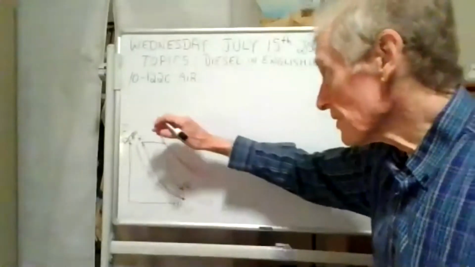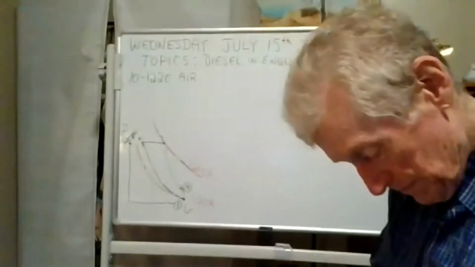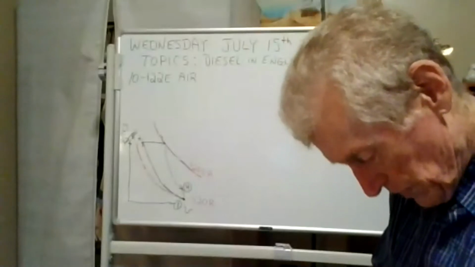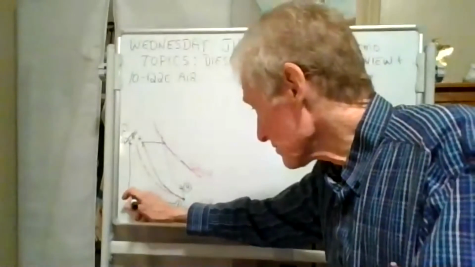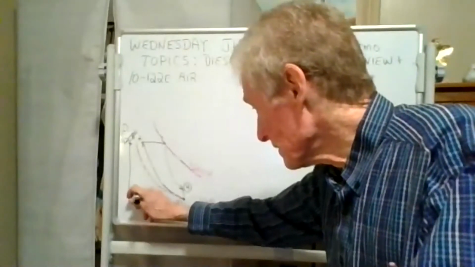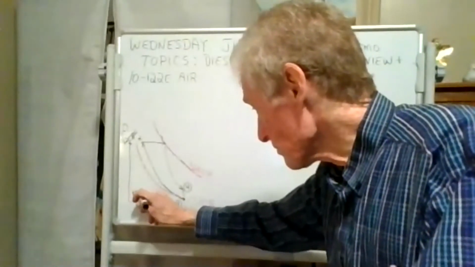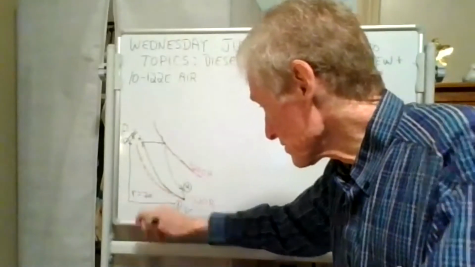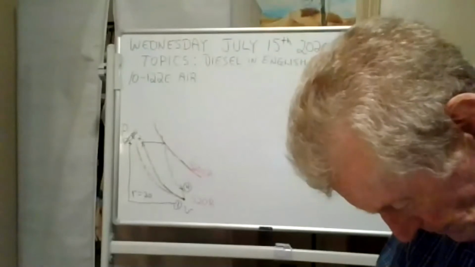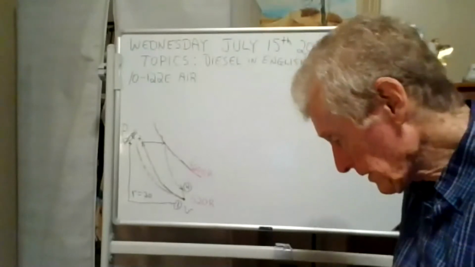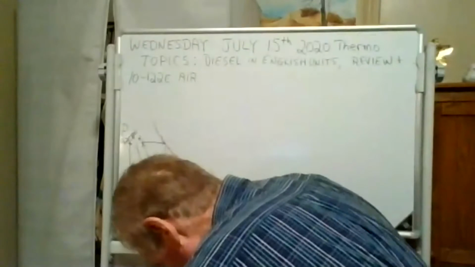And the compression ratio is 20. We'll write that down here someplace. I usually use the symbol R for the compression ratio. I think that's all we know. Well, we'll get around to all the rest of it here in a minute.